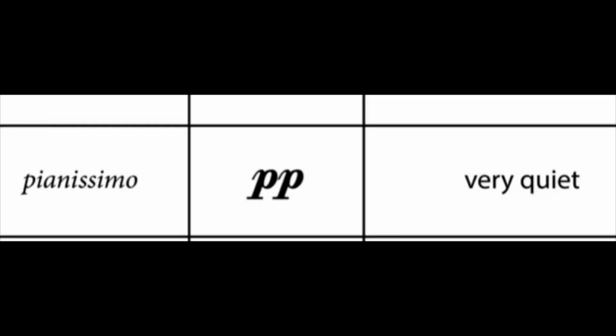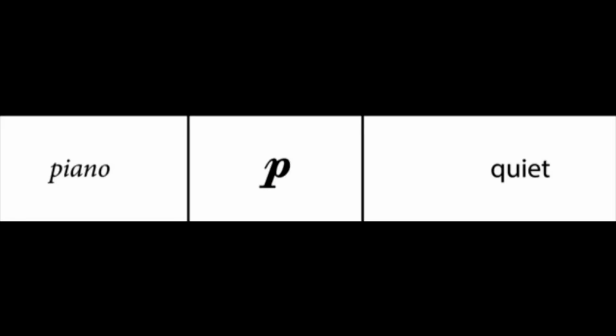So here's the thing. When we talk about super, super quiet, we have two letter P's. Here's what it looks like. That means pianissimo, which means super, super soft.